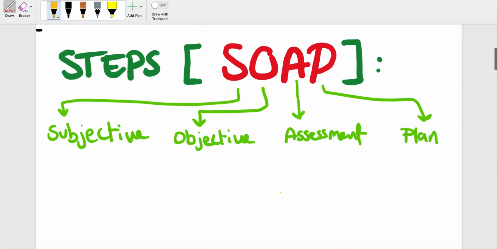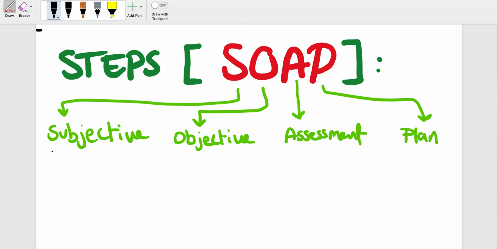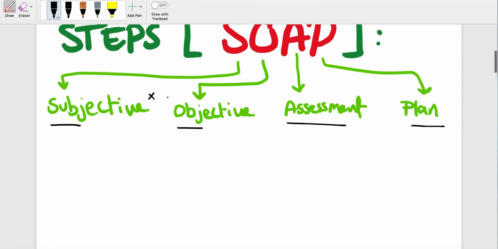And I'm sure that everyone knows what SOAP is, but let's recap together. It's subjective, objective, assessment, and plan, okay? And the difference between subjective and objective is super easy.